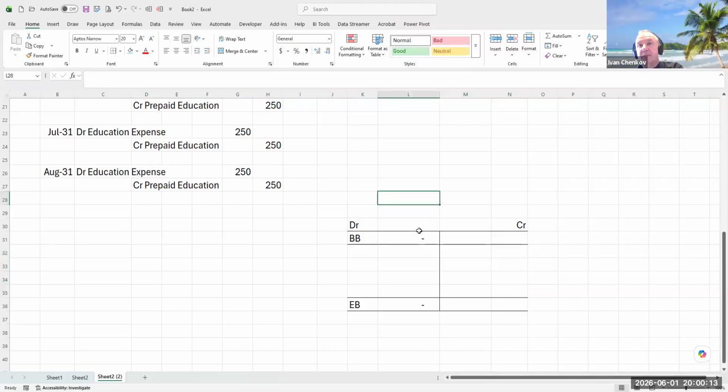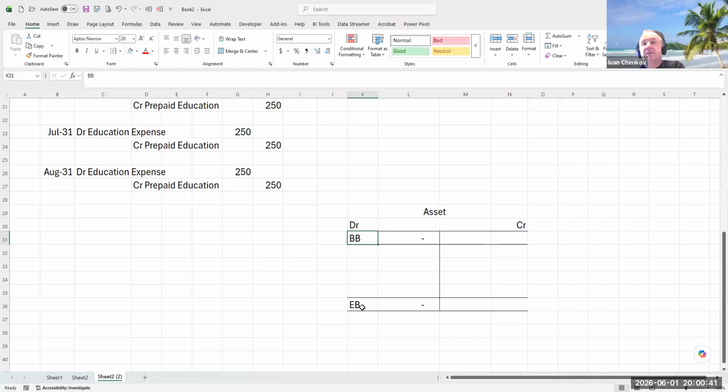Now, once you see the beginning balance and ending balance on the debit side, this is an asset account. No questions about it. What the name of the asset account is, is irrelevant. Is it going to be prepaid expense? Cash? Inventory? Accounts receivable? It doesn't matter. Just remember, this is an asset account.